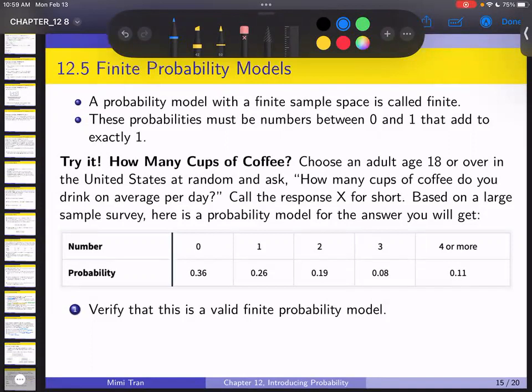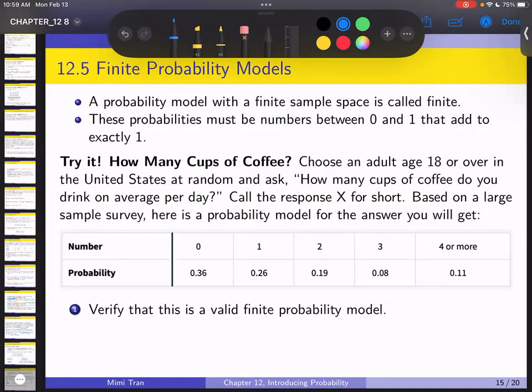So take a look at the example, how many cups of coffee you drink. This model is represented as a table. Remember I said function, table, or picture? The top row is the number of cups of coffee an average American would drink, and the last row is the probability.